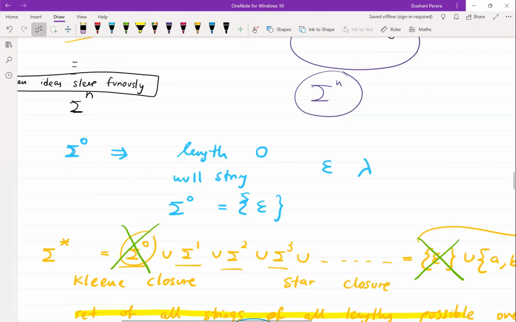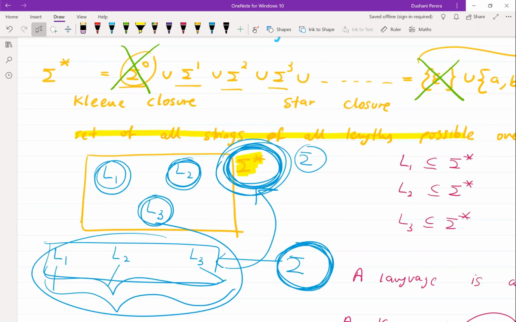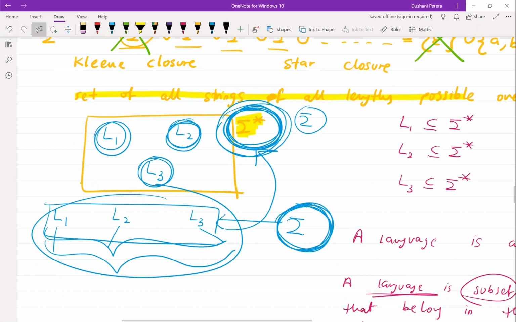Then we came to the important point where we discussed sigma star, which is the Kleene closure or the star closure, which includes all the strings of all lengths that can be formed over a particular alphabet. So it's a universal set. Through that, we came to another definition of a language.